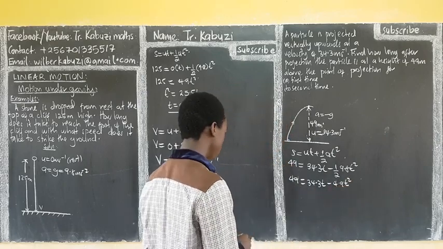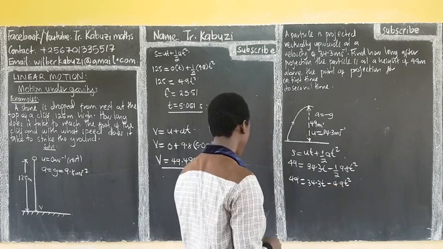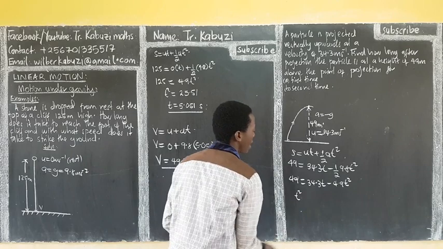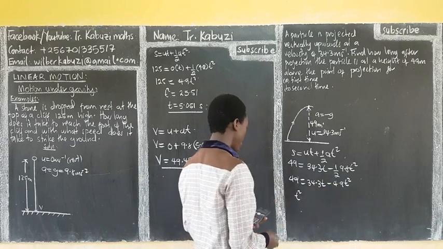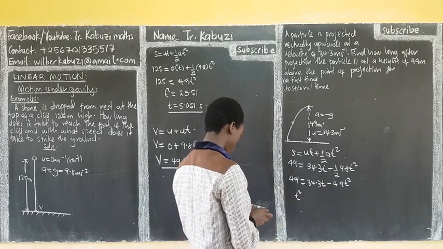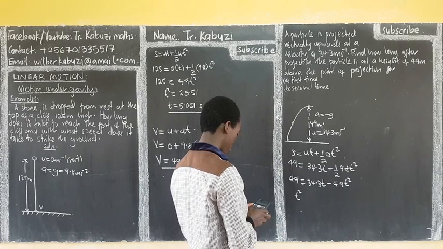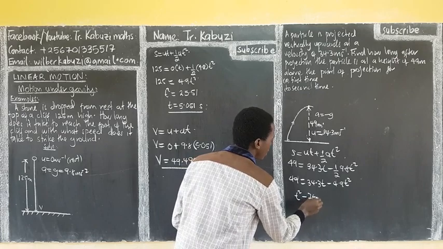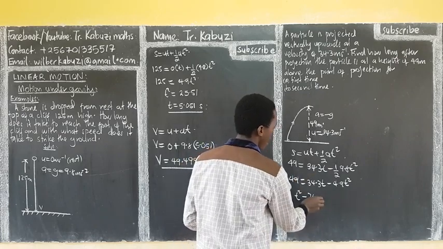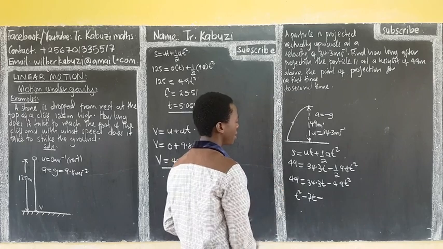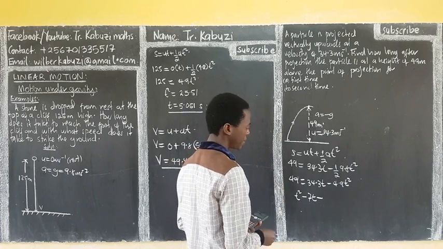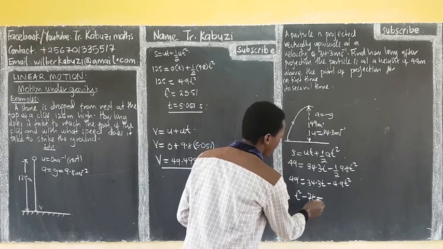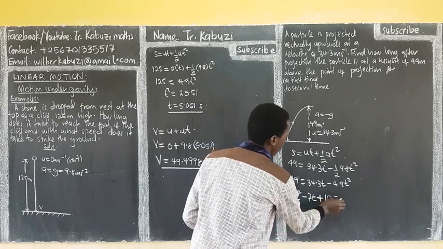Divide through by 4.9. We shall have t squared, and negative 7t. When I take this side, I have minus 10. When I bring it to the other side, it will be t squared minus 7t plus 10 equals 0.